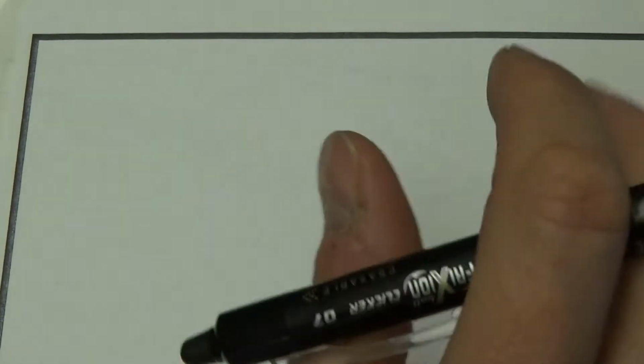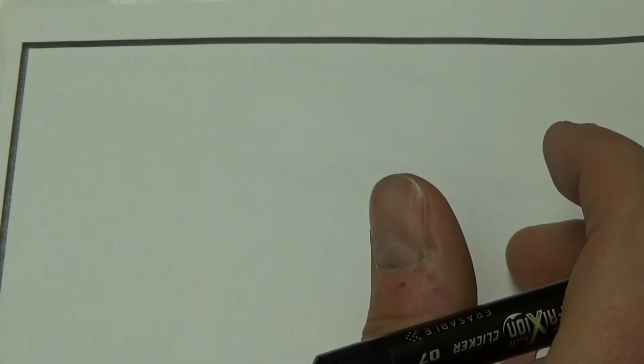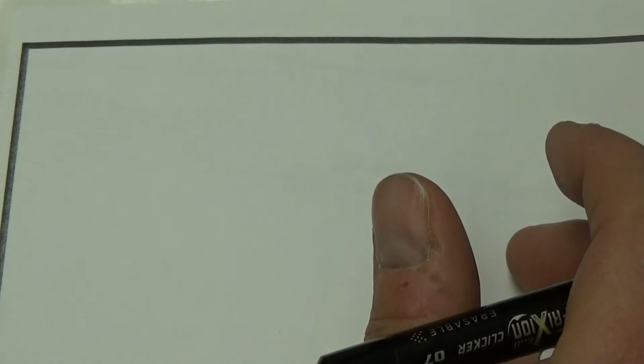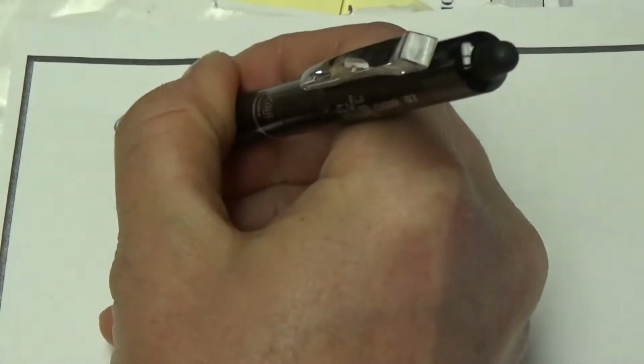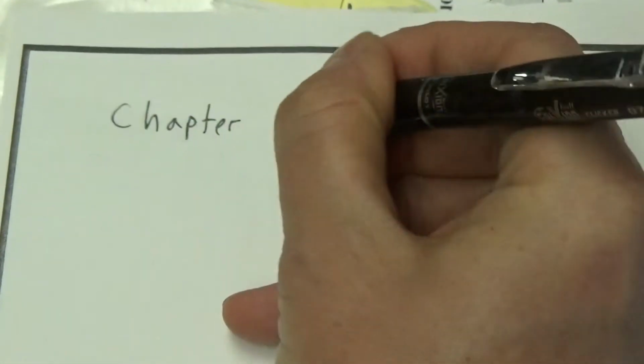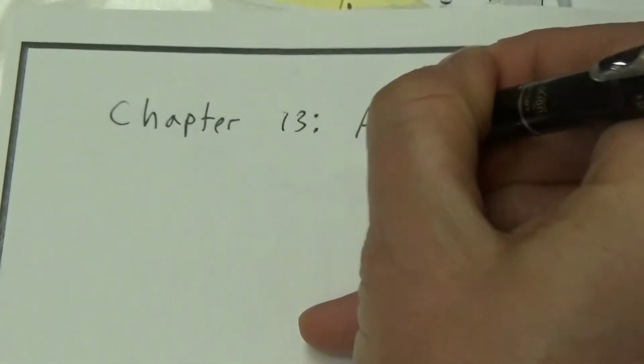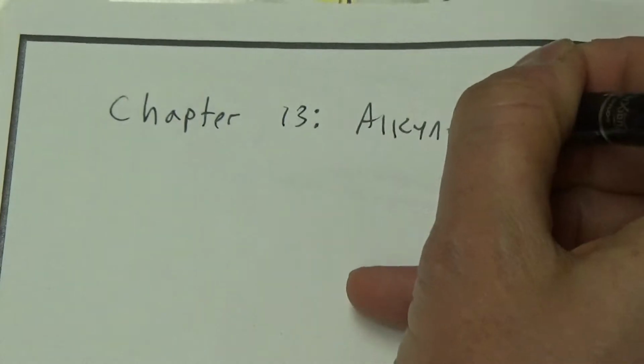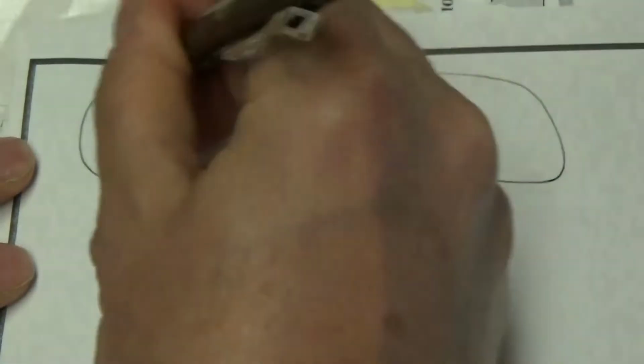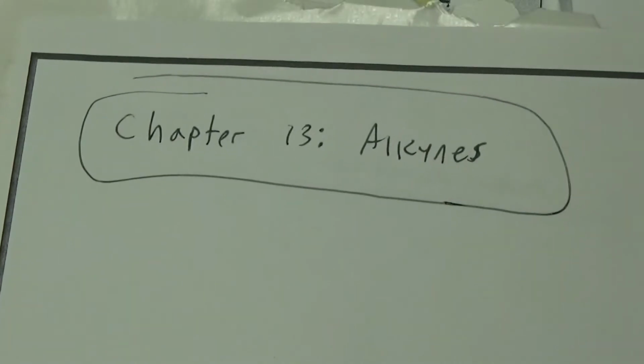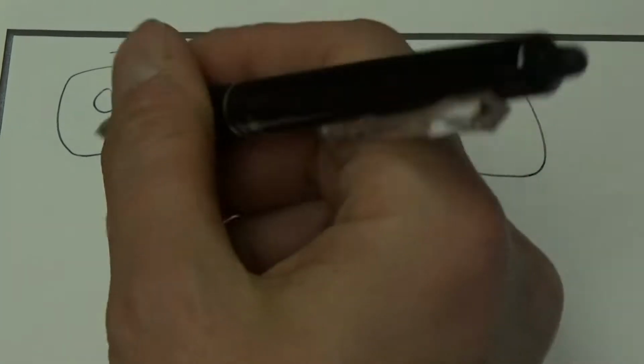Hey everybody, we are moving towards the asynchronous component of the course, and this will be basically through the end of the course. Alright, so we're on chapter 13, which is alkynes. We already did some of the conceptual details in the PowerPoint.